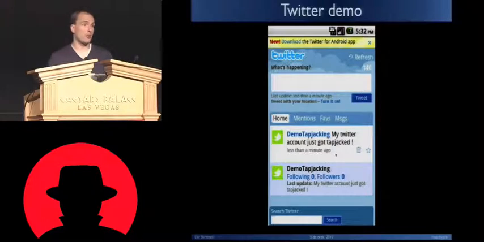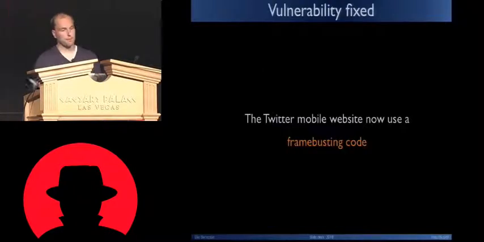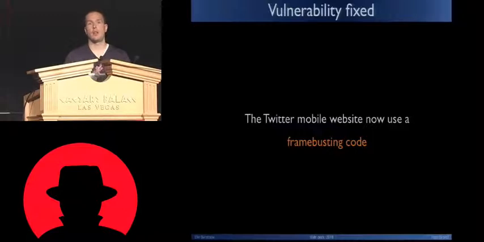So that's clickjacking on the phone. And it's actually easier because we don't have to do all the nasty tricks like having a CSS to have the button of the invisible div following your mouse. We can just use the zoom function. I have to mention that the Twitter team did a great job. They were very, very active, so they fixed it. So hopefully this one will not happen, but we know that there are a lot of other websites that don't have frame busting defense on their mobile website, and we hope it will be fixed soon.